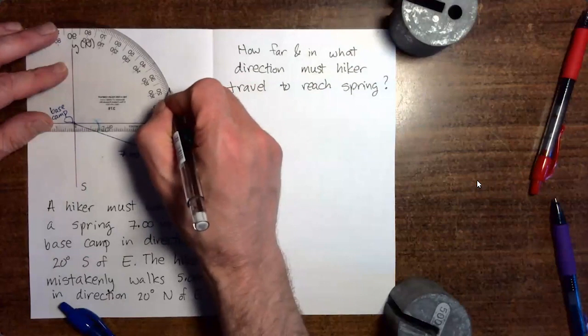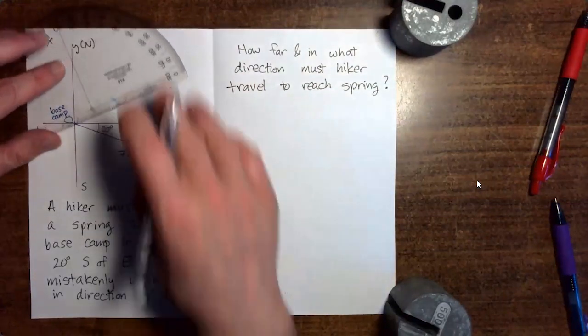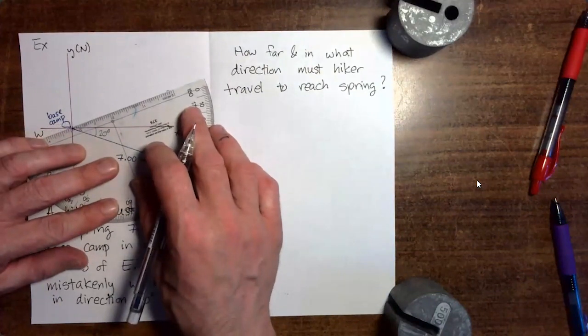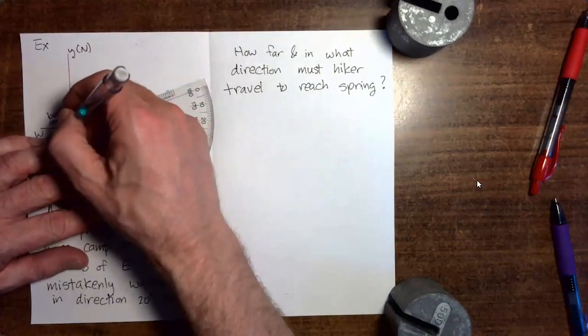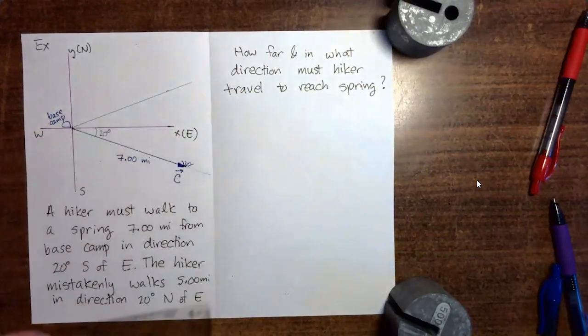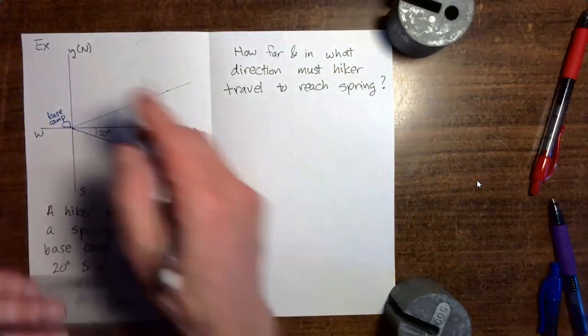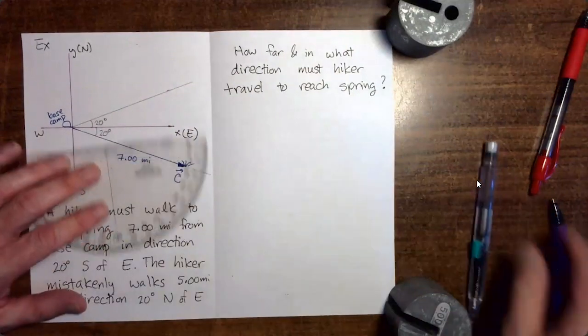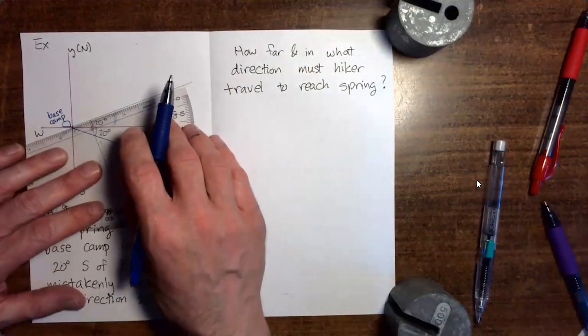That would be here. Okay, so that's 20 degrees north of east. Now we're going to measure off 5 miles in that direction.